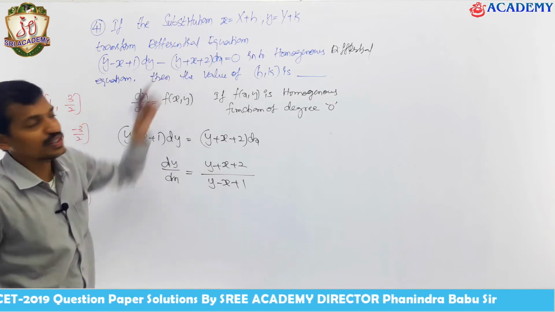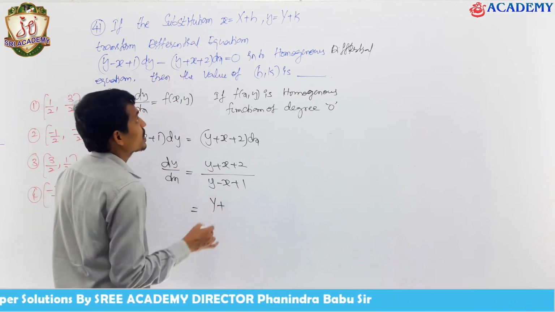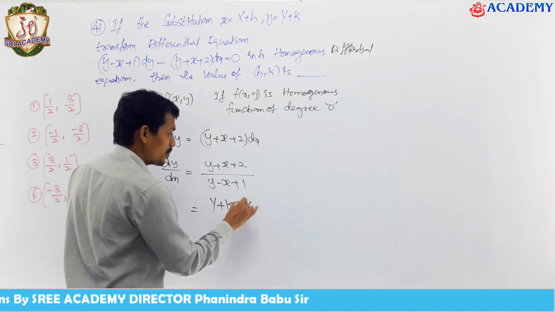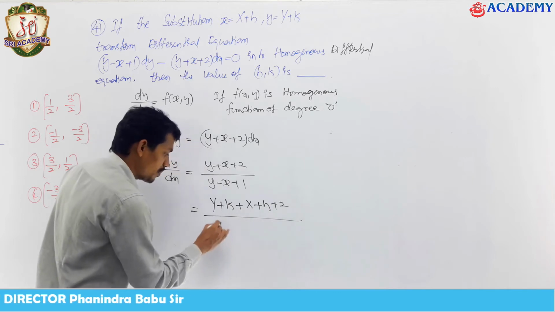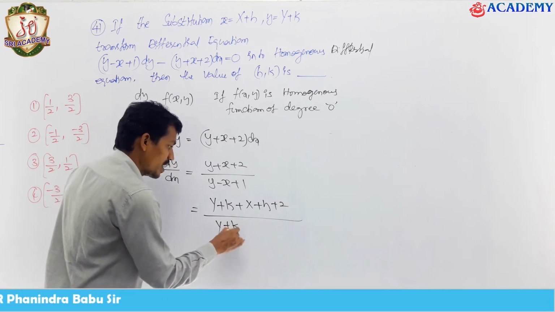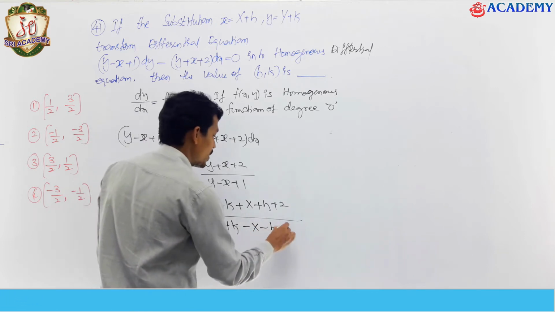Now I am substituting those values. Replace y with capital Y plus k, and x with capital X plus h. So, capital Y plus k plus capital X plus h plus 2, divided by capital Y plus k minus capital X minus h plus 1.